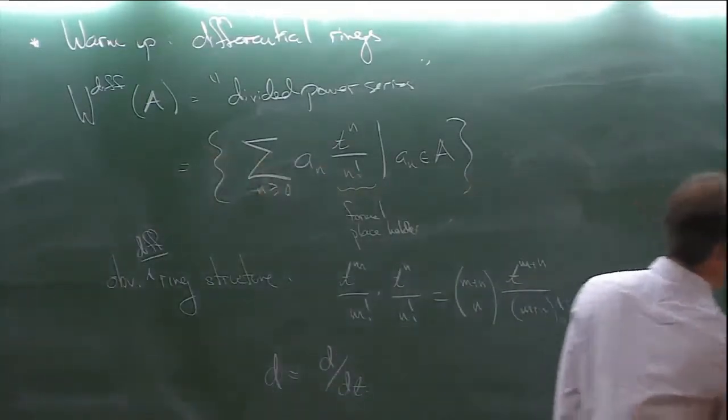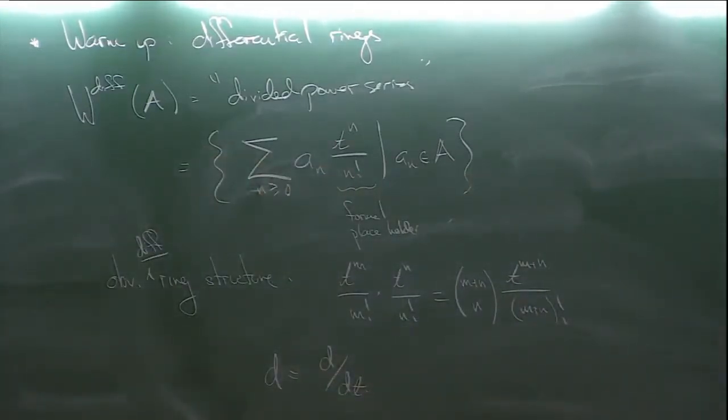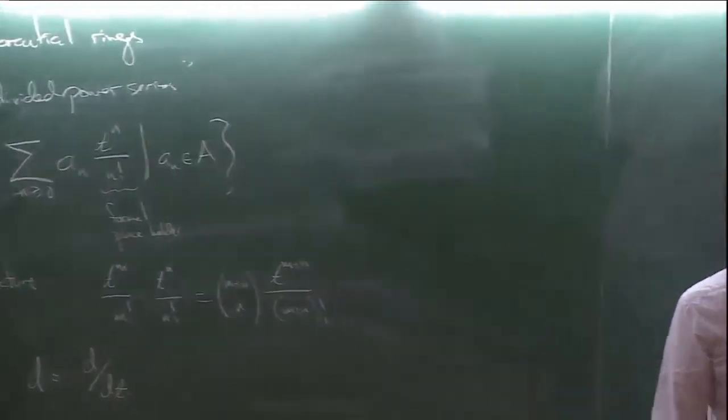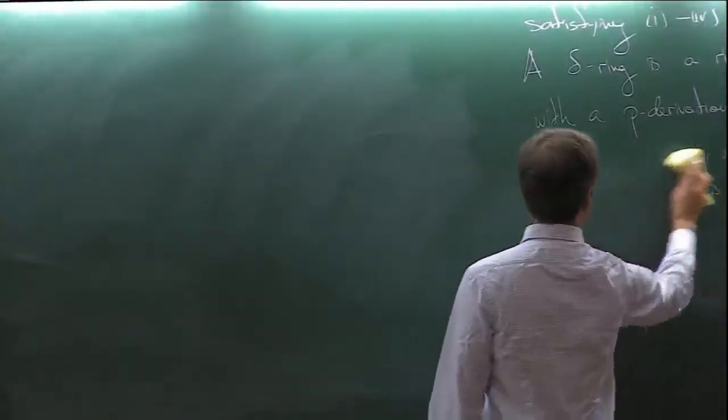Okay, and now I claim that this is the right adjoint of the forgetful functor from differential rings to rings. So let me just write out what that means, unpack the concept of right adjoint, and then we'll just check that that's true. It'll be pretty obvious.